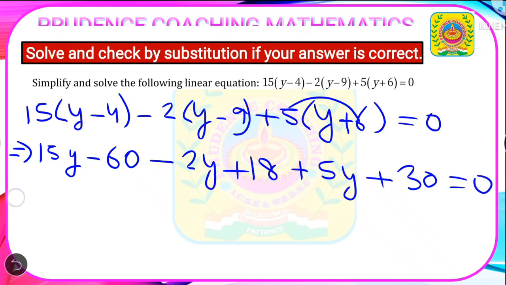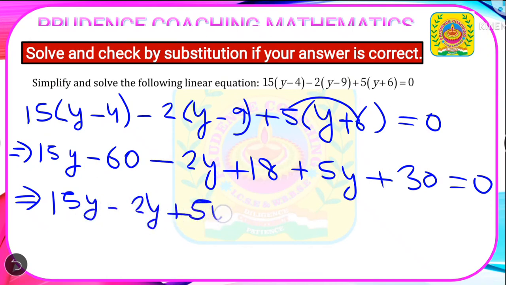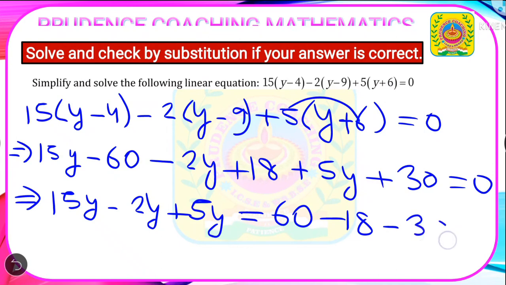Now we need to keep all the variables on the left hand side, that is 15y − 2y + 5y equals, and we need to take all the constants to the right hand side. So −60 will go and become +60, −18 and −30. Now you need to solve.